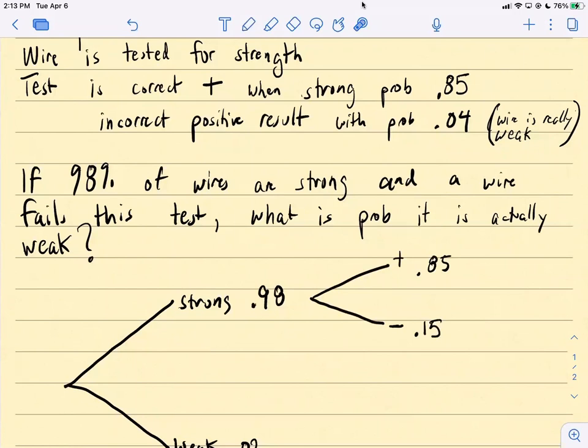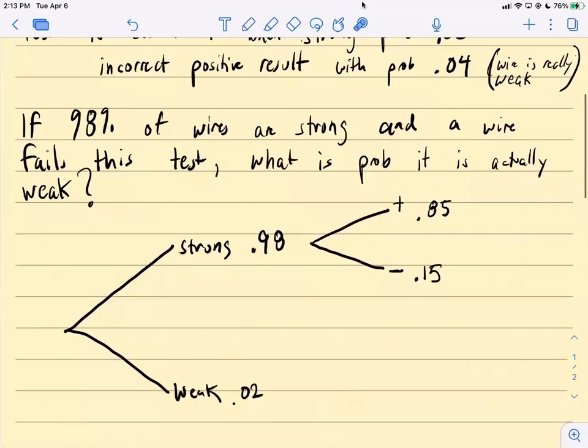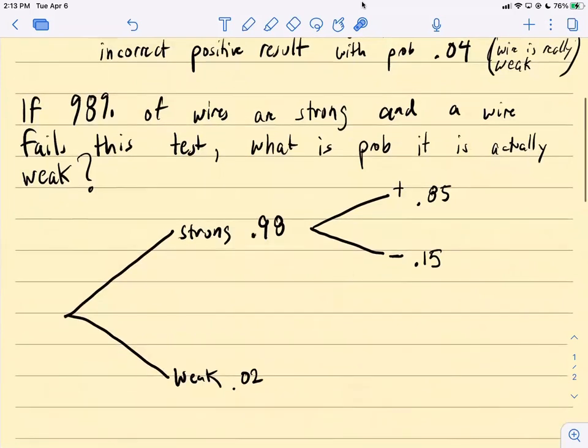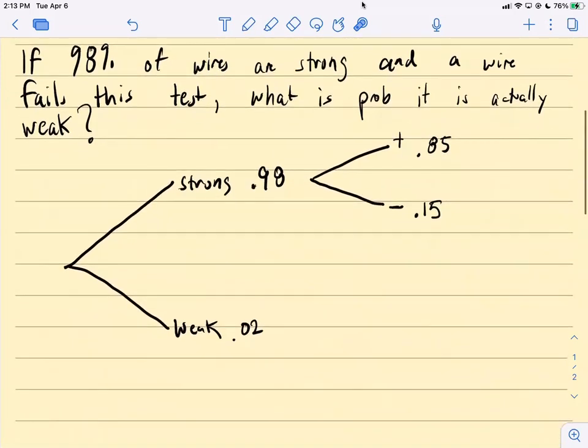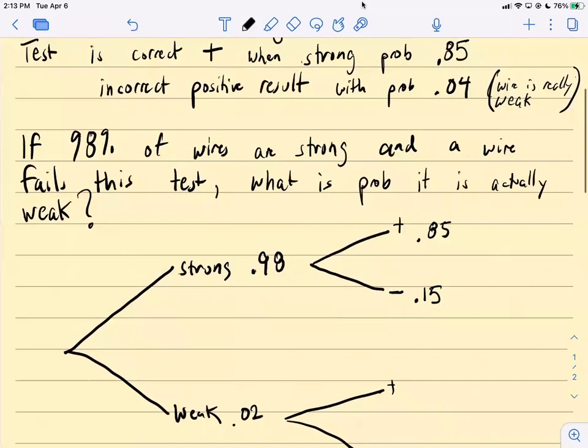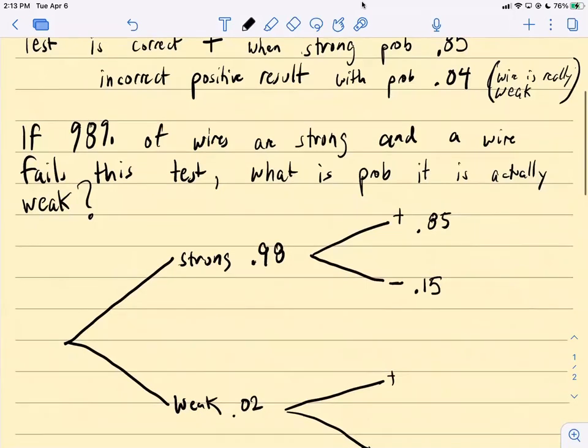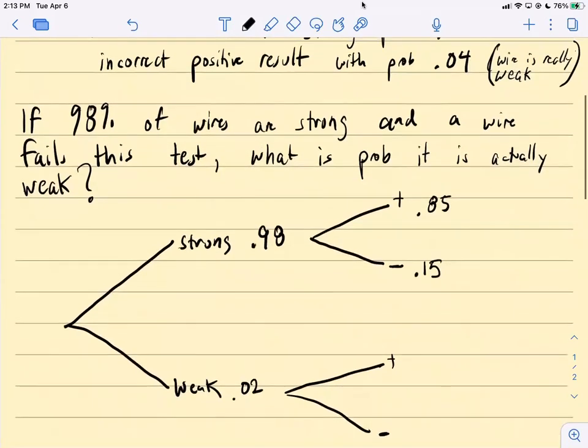And remember, you're going to have to multiply through here to get the overall probability of that branch. And the same thing over here. If it's weak, we do positive and negative. And what's the probability that the test is mistaken and says, oh, you actually have a strong wire, but in reality, the true state is weak?